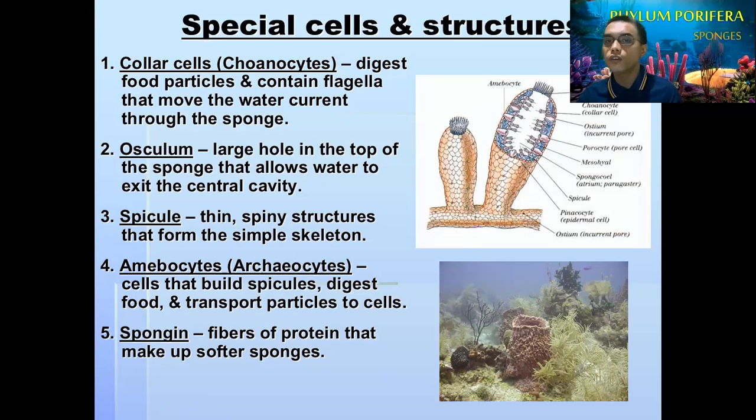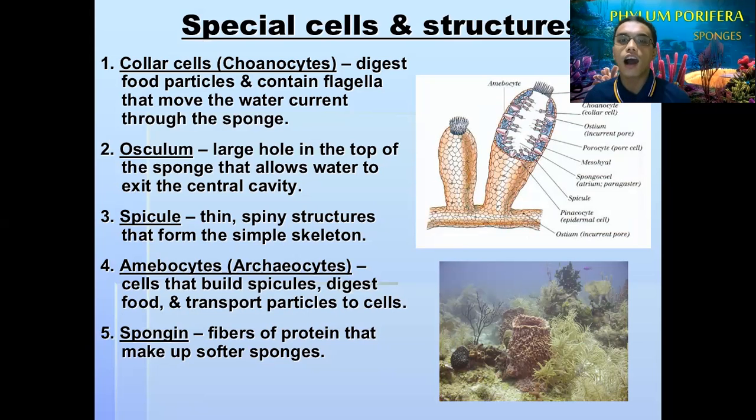Next is the osculum. The osculum is the large hole in the top of the sponge that allows water to exit the central cavity. Next are the spicules. As you can see in the diagram, the spicules are located at the center of the sponge. They are tiny and spiny structures that form the simple skeleton.